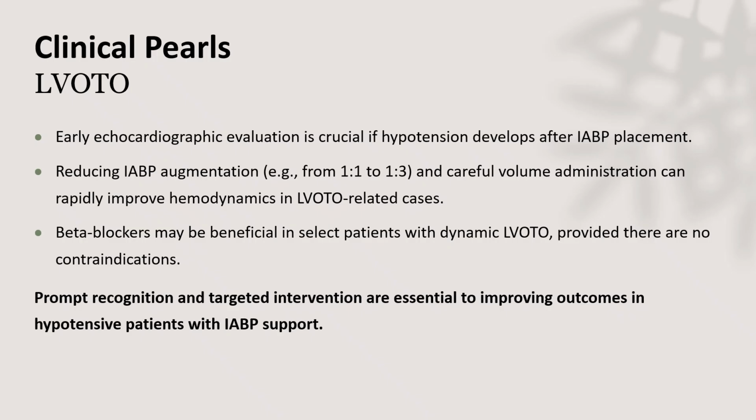Also, a beta blocker is beneficial in selected cases with dynamic left ventricular outflow obstruction, provided there is no contraindication. So if we know the cause and target the intervention, it is very important for improving outcome in hypotensive patients with intra-aortic balloon pump support.